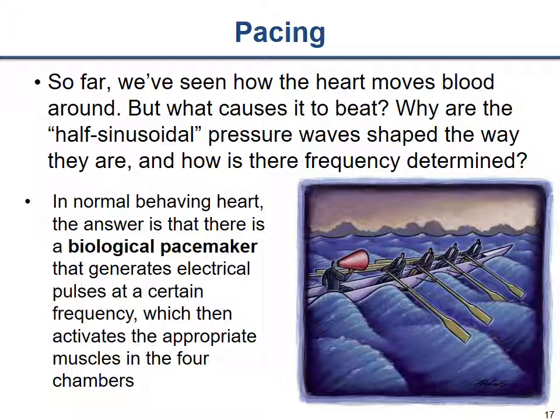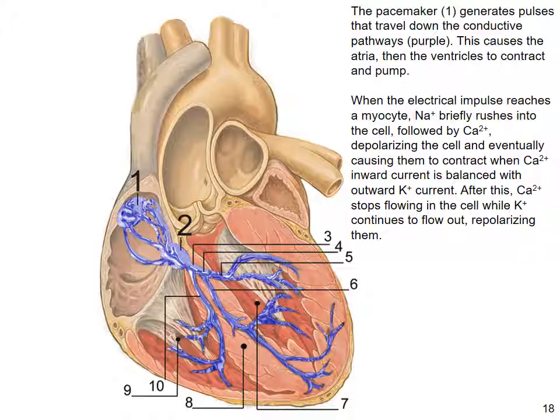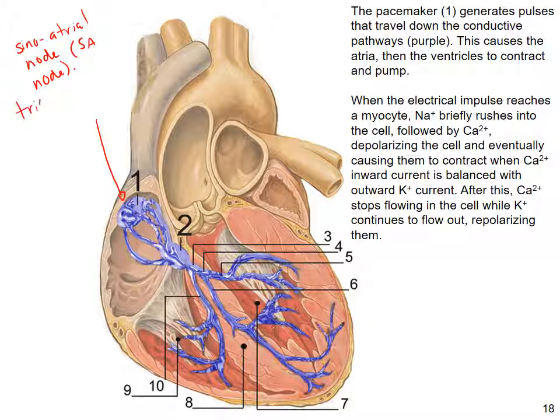Now, the actual electrophysiology of this is a little bit more complicated, but let's take a look. So what ends up happening is the pacemaker starts at the node we call the sinoatrial node. We call this the SA node. Okay, this triggers atrial contraction.